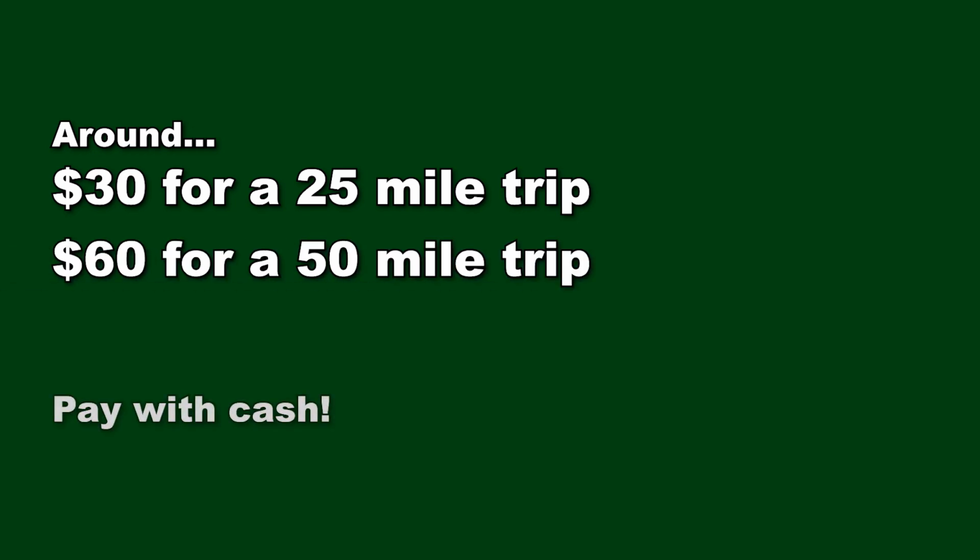In my opinion, one of the best investments you can make on an AT section hike is to have a good shuttle driver. A shuttle driver will pick you up from your end point and shuttle you back to the beginning point to where you can start your hike. Shuttles usually cost around $30 for a 25-mile trip and around $60 for a 50-mile trip.